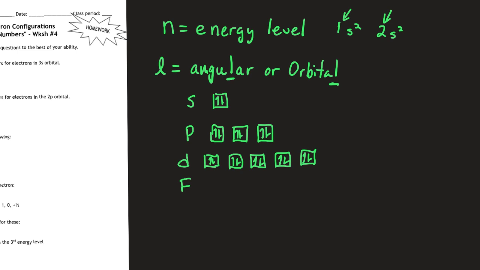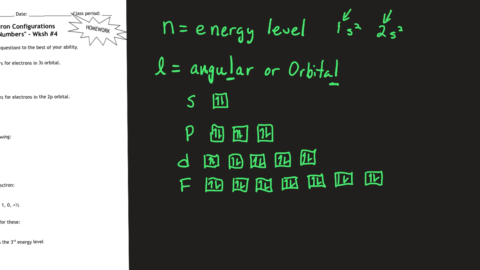The f orbital is bigger. We actually have 7 suborbitals: 1, 2, 3, 4, 5, 6, oops, need one more, 7. Which means it can hold a total of 14 electrons. We've got 7 of them spinning up and 7 that can spin down. And now that orbital is filled.